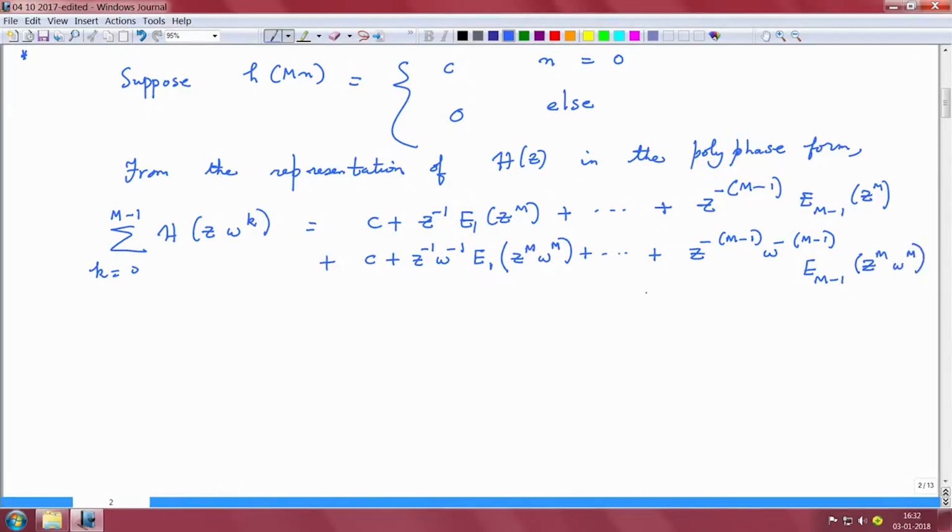This is the k equals 1 term. You do this till k equals m minus 1.